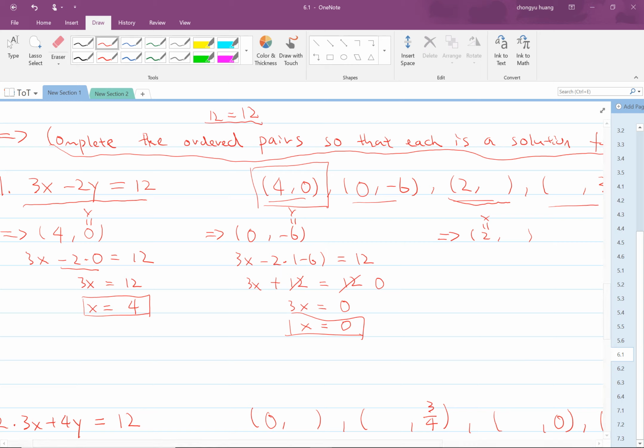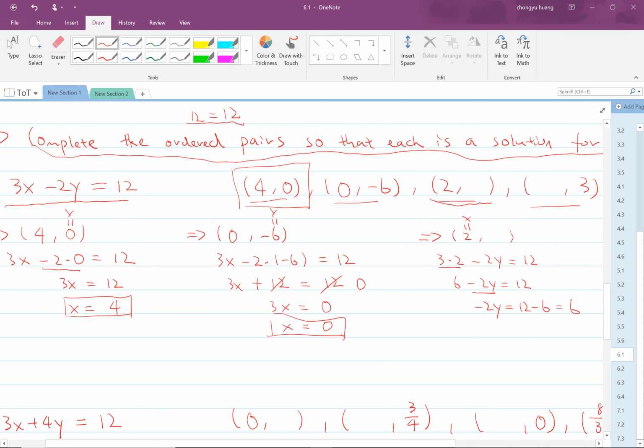So 3 multiplied by 2 minus 2y is equal to 12, right? 3 multiplied by 2 is 6. 6 minus 2y is equal to 12. We got negative 2y, and then we move the 6 to the other side. 12 minus 6 is equal to 6, so y is equal to negative 3, right?